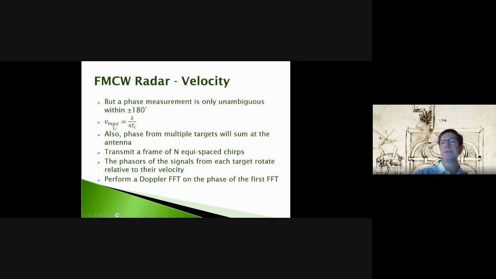So you would estimate your velocity to be much slower because you didn't realize the phase wrapped. That sets an upper bound on our velocity. We can calculate that, and it turns out to be the wavelength divided by 4 times this chirp time, right?